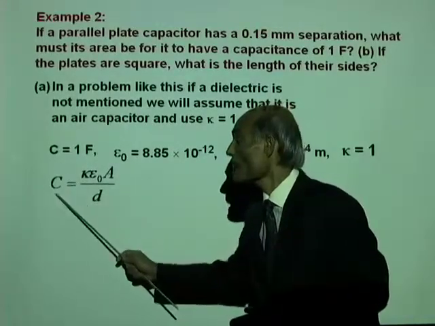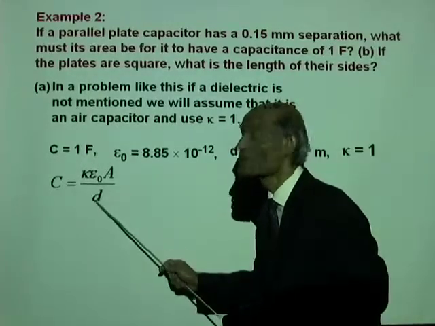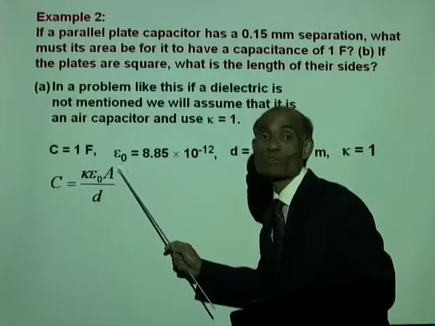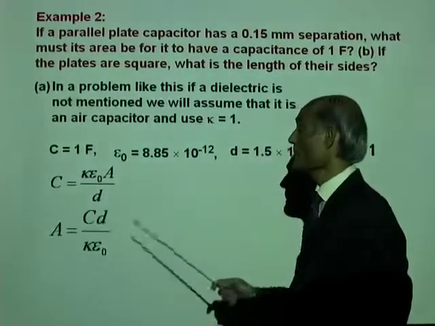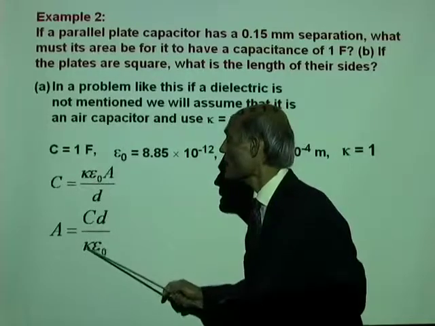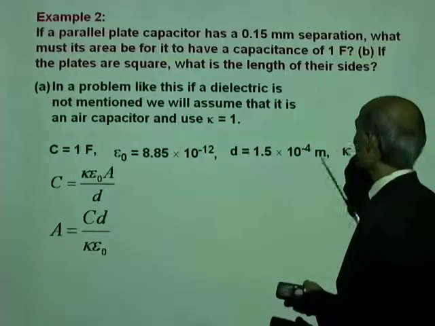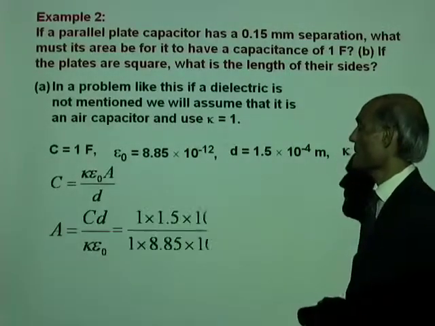We know the capacitance, we know kappa, we know epsilon naught, we know D, therefore we solve for A. A equal to CD divided by kappa epsilon naught, and put in all the values. We got all those values there.